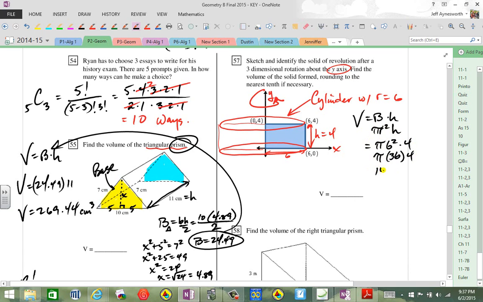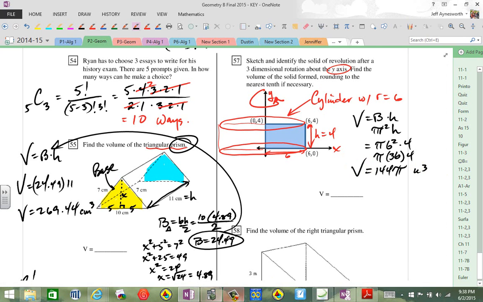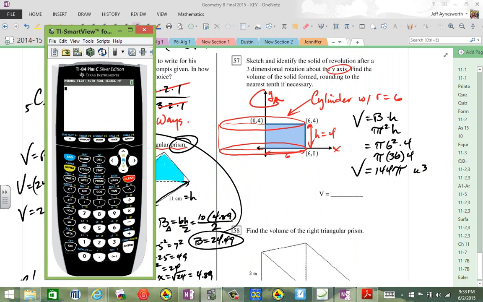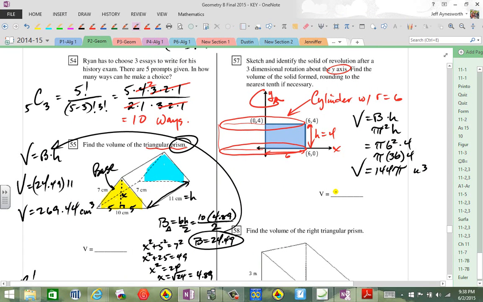So this is 144 pi cubic units for the volume. Now that's an exact number, so let's get an approximate number, as a decimal. So 144 times pi, and you get 452.39 cubic units. So you got exact and approximate.